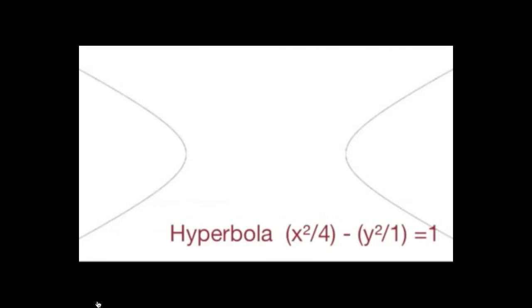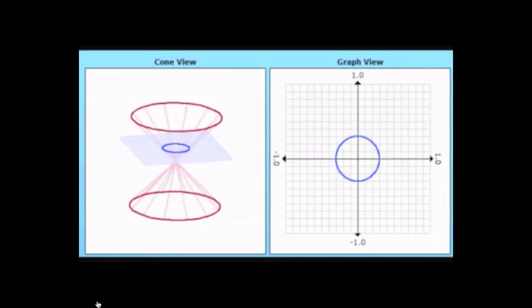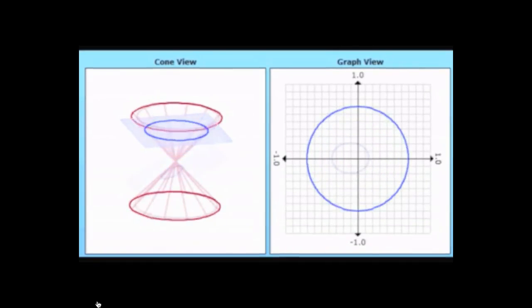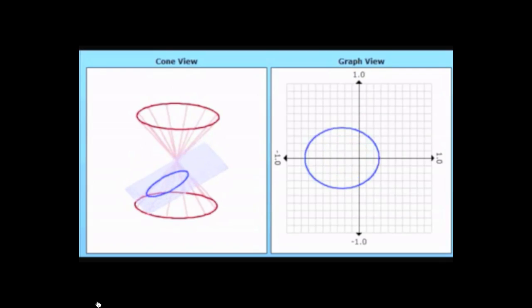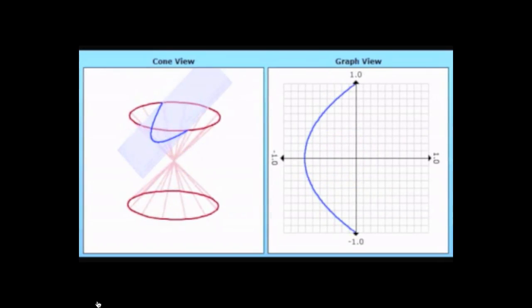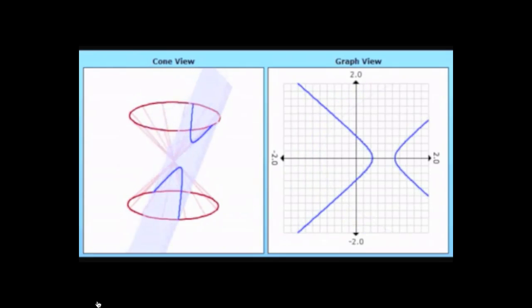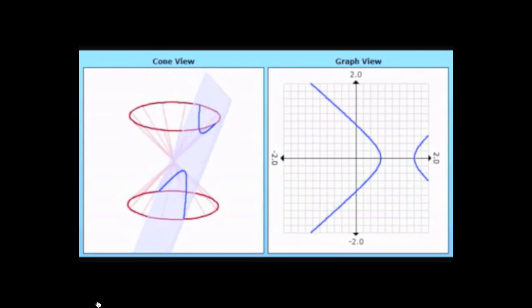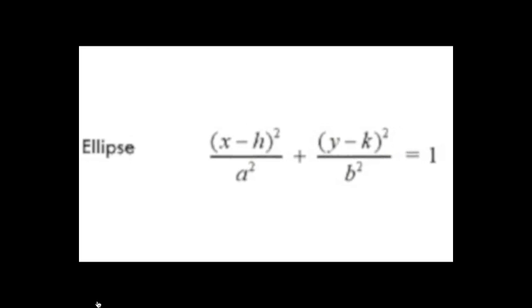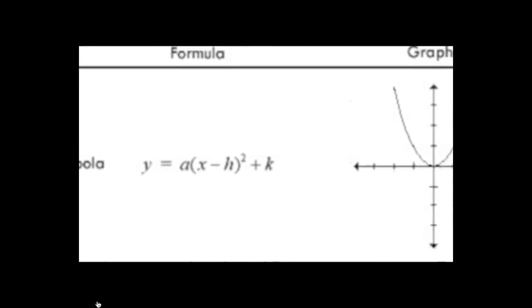And a hyperbola when the plane intersects both of the cones. Depending on where the plane intersects with the cones, the size and shape of the conic can vary. See how the size changes as the plane moves around? Every type of conic, circle, ellipse, parabola, and hyperbola, has a specific equation that we'll cover in the coming weeks.